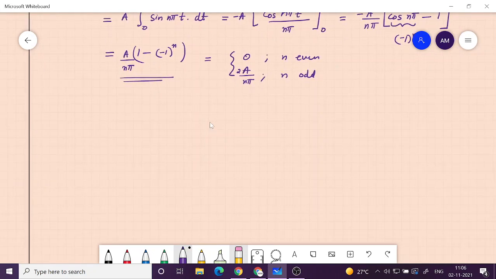Therefore a naught we obtained as A by 2, a_n we obtained as 0, and b_n is equal to 2A by n pi only when n is odd.